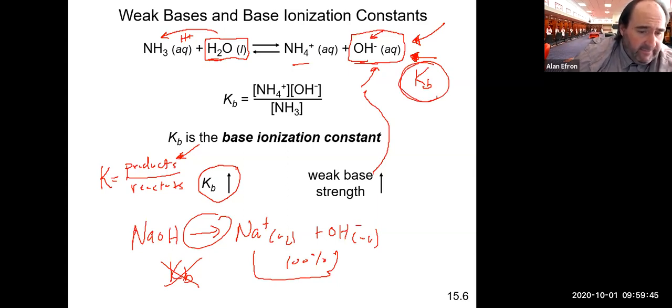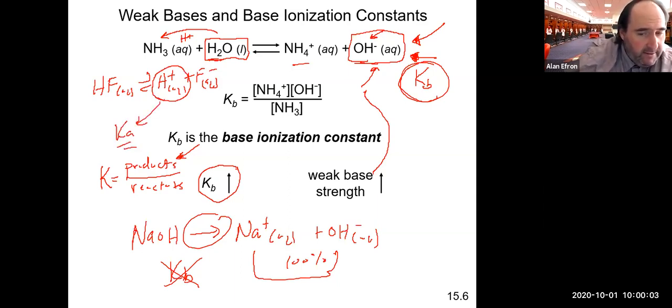That's different than, say, earlier where we saw HF, which is our weak acid. When we look at the equation, we see H plus, so I should be using a Ka. Those are two other very important things to keep in mind, and why it's important to write these equations correctly, because it will help you go in the right direction in terms of the calculation.